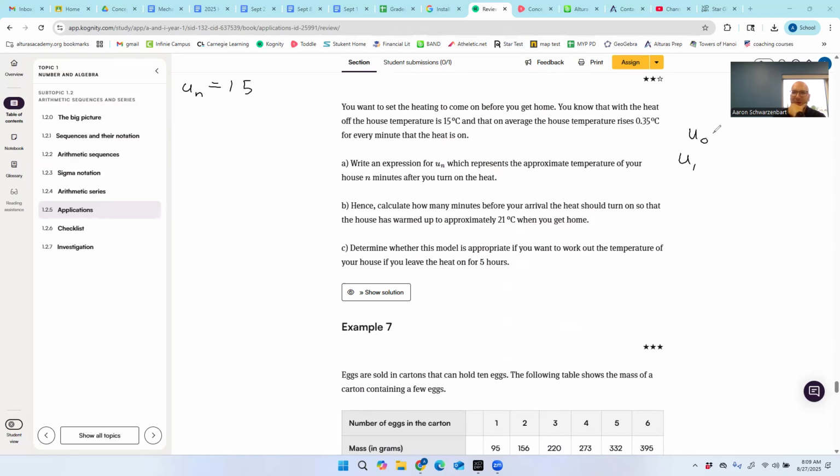And then after 1 minute, we have U sub 1. So in my expression here, I don't need the n minus 1. It's not 0.035, it's 0.35n. Pretty straightforward. Hence, calculate how long it will take till your house gets warmed up to 21 degrees Celsius.